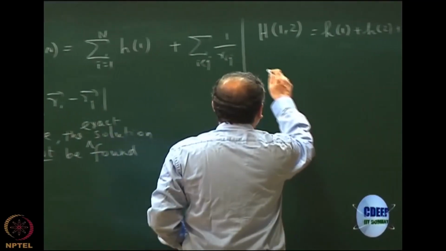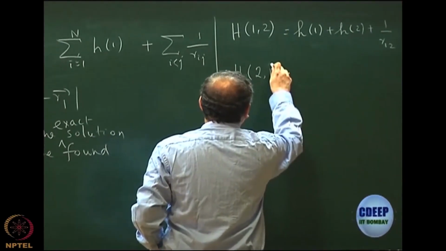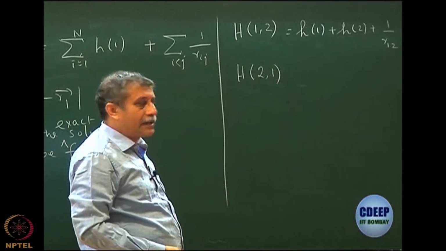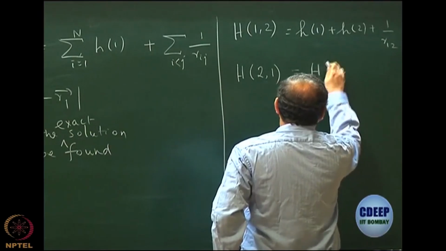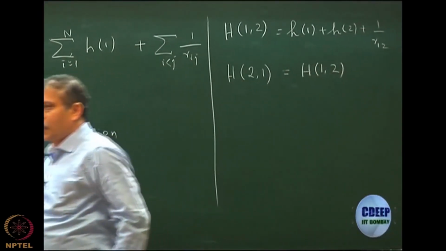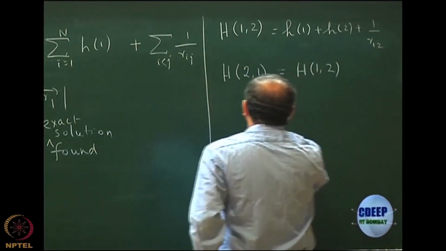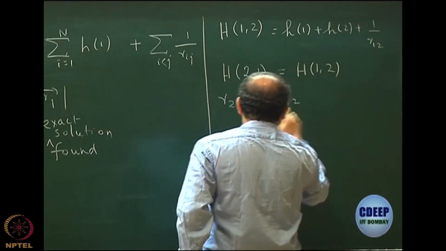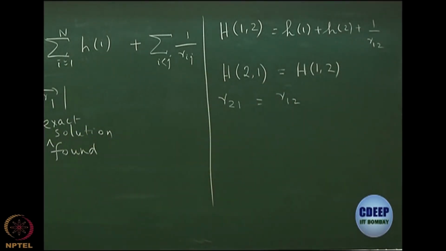So, first to note that if I interchange the coordinates of the two particles, so write this H of 2 1, then it is identical to H of 1 2, because R21, if I interchange 1 and 2, is exactly the same as R12. And of course, H of 1 plus H of 2 will remain invariant.